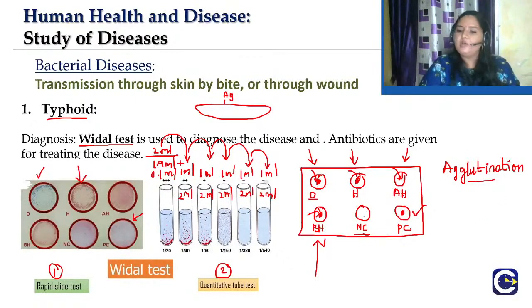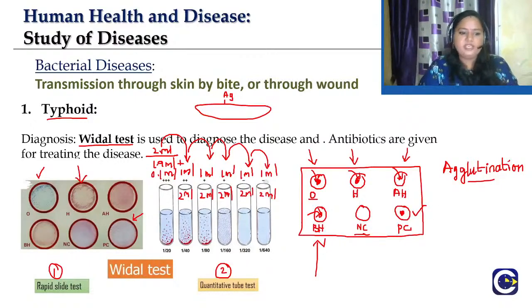Now in the negative control, whatever has been given in the negative control tube, I'm going to add it. Most probably it would be distilled water and some of the antigen. When I mix that, I'm not going to get any agglutination. And in the positive control, I'm going to have agglutination, for which they would give you antigen and antibody. Any antigen and antibody that shows agglutination.